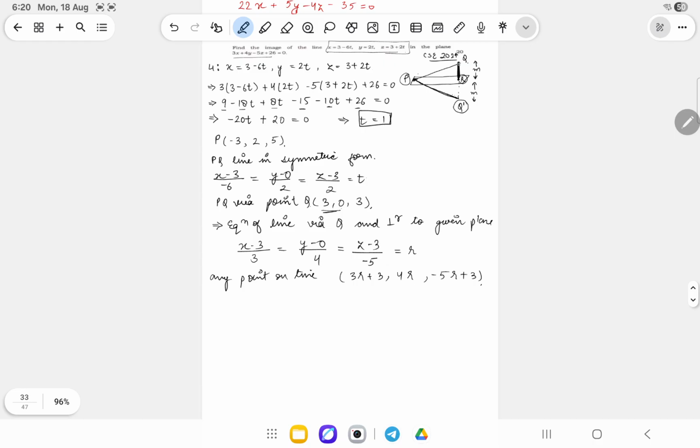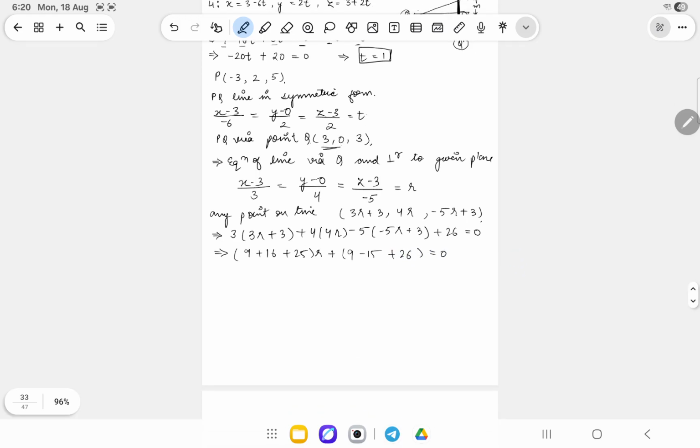If this perpendicular line passes through the plane, then the point must satisfy the equation of the plane. Substituting in the equation of the plane, I get 3 into (3r plus 3) plus 4 into 4r minus 5 into (minus 5r plus 3) plus 26 equals 0. Simplifying, I get 9 plus 16 plus 25r plus 9 minus 15 plus 26 equals 0. Further, 9r plus 16r plus 25r is 50r, and 26 plus 9 is 35, minus 15 is 20, so 50r plus 20 equals 0. From here I got my r as minus 2 by 5.